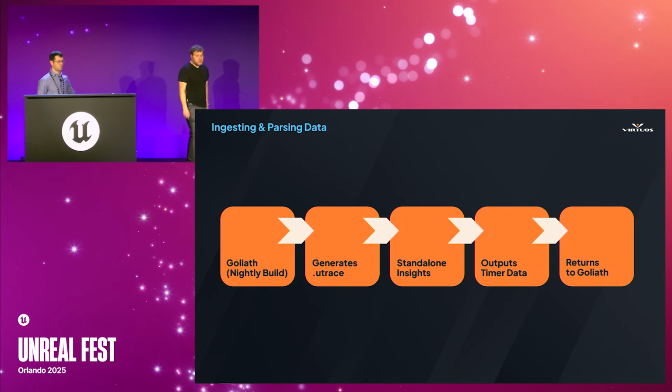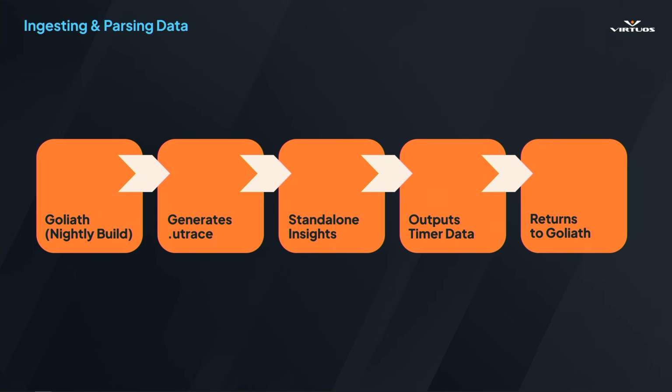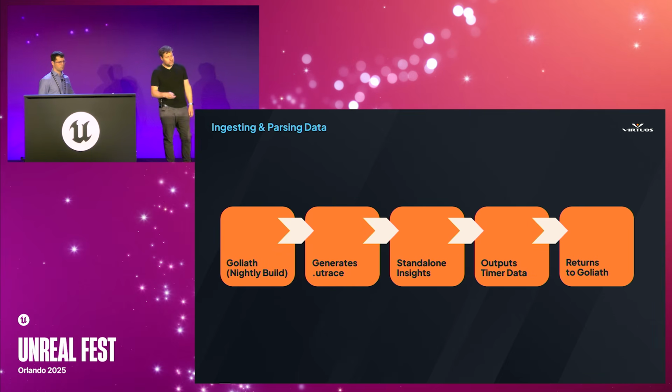So here's how that works. We extracted all of those dependencies that we could. We now run our nightly builds. Goliath captures those performance checkpoints across the game that we've established in our playlists. It generates utrace files for each of those, and that file can be handed over to our custom insights processor. It spins up, parses all of those traces, and extracts tens of thousands of the labeled timers that Insights is so good at getting.